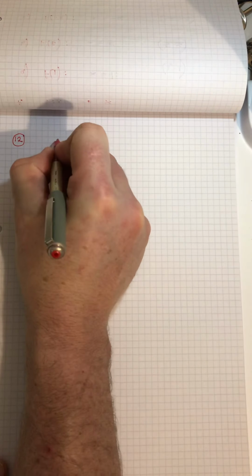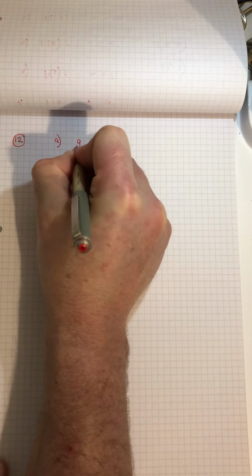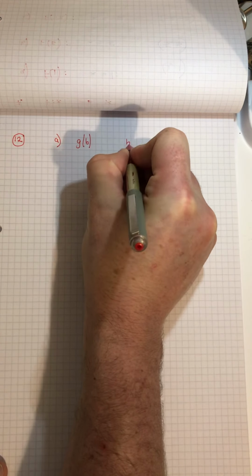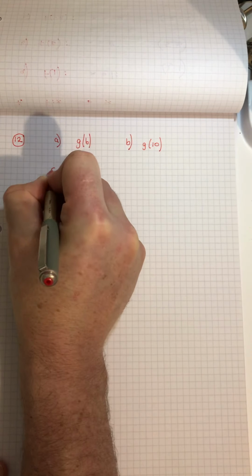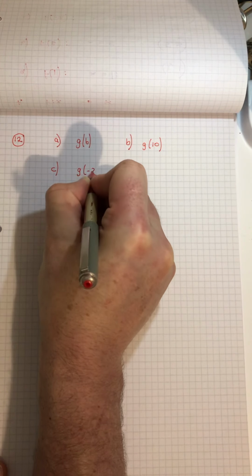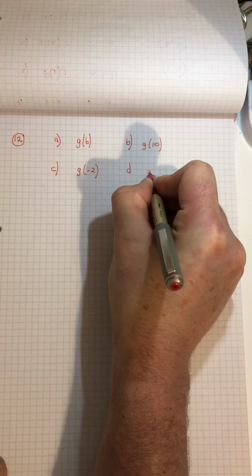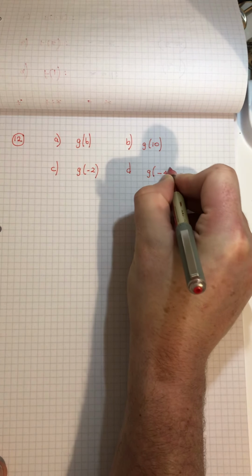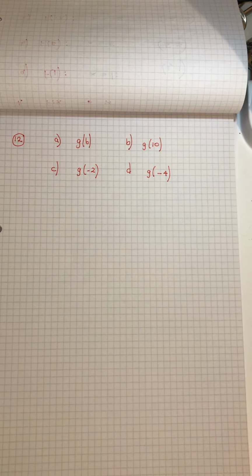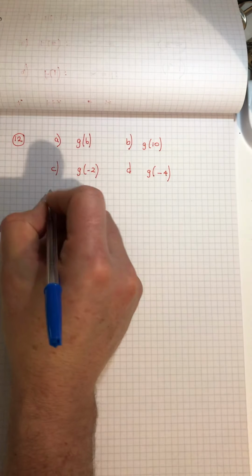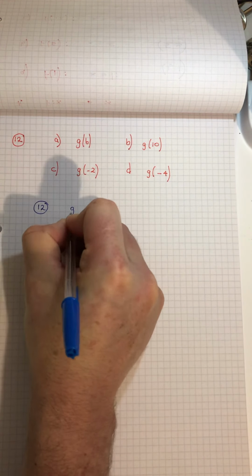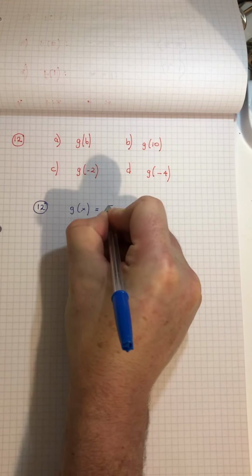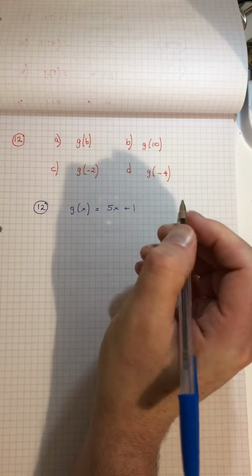And now, for question 12, we want to find A is g of 6, B is g of 10, C is g of minus 2, and D is g of minus 4. Okay? So, in this case here, the first function for question 12, g of x is equal to 5x plus 1.